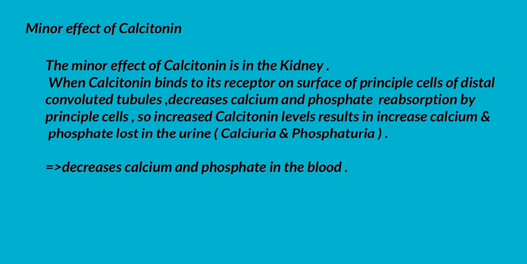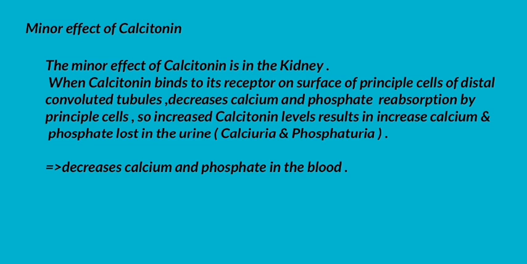Minor effect of calcitonin. The minor effect of calcitonin, of course, is in the kidneys. When calcitonin binds to its receptor on the surface of principal cells of the distal convoluted tubules, it decreases calcium and phosphate reabsorption by principal cells.